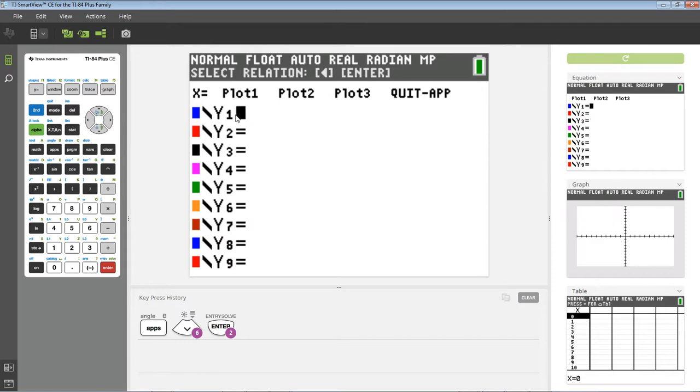Now, your calculators actually do this a little bit differently. So again, I hesitate to show this, but I'll show it anyway. We actually want to change the symbol that we're using. So I think for this particular version of the calculator, we want to hit Enter here. Maybe not. Maybe I want to hit Enter on this.